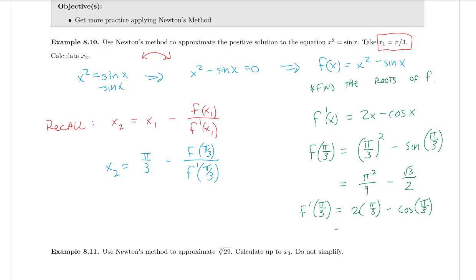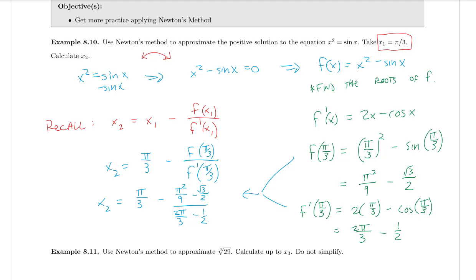If we simplify that a little bit, we get 2 pi over 3 minus 1/2. Now, we can plug in these two pieces of information to further simplify our guess for x2. So we get pi over 3 minus pi squared over 9 minus root 3 over 2, all divided by 2 pi over 3 minus 1/2.